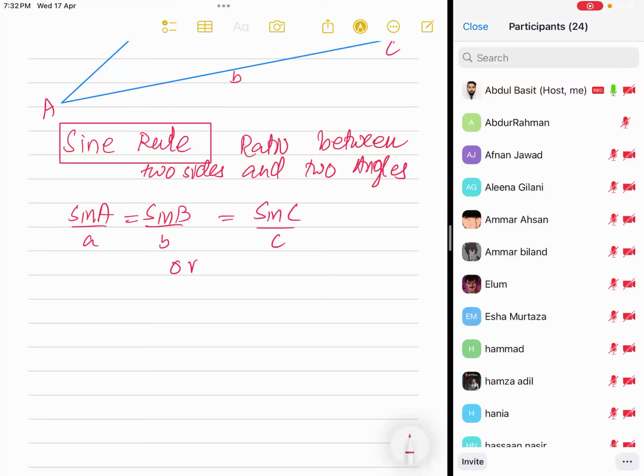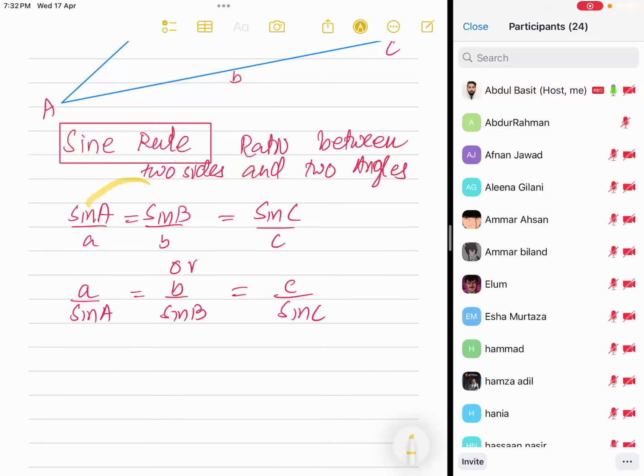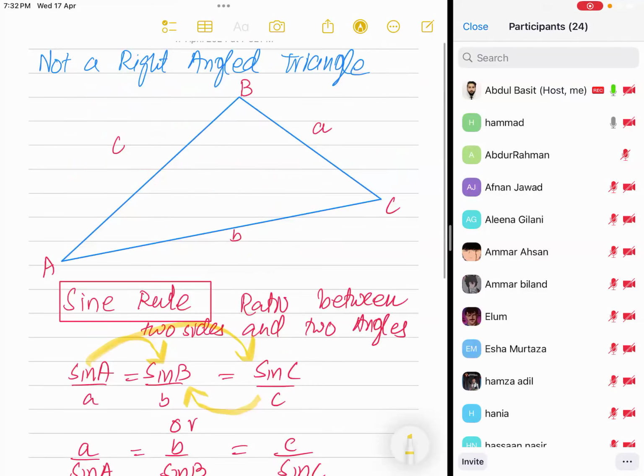Or you can write the side above an angle in the denominator: a divided by sine A is equals to b divided by sine B is equals to c divided by sine C. Now we have three different combinations: first, second; first, last; and second, third. Got it? Is this clear, everybody? We cannot tackle two equal signs at the same time. So we have to take first two, first and last, or second and third. Got it? Okay.